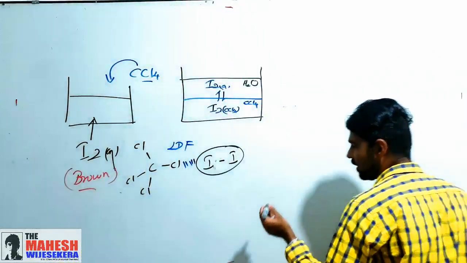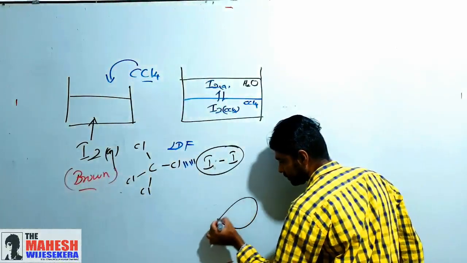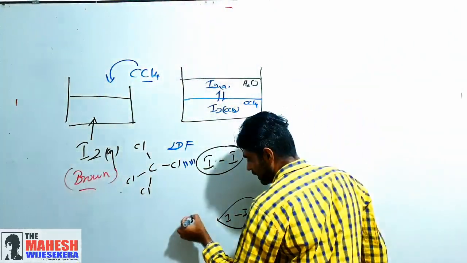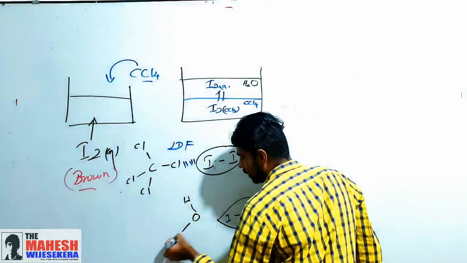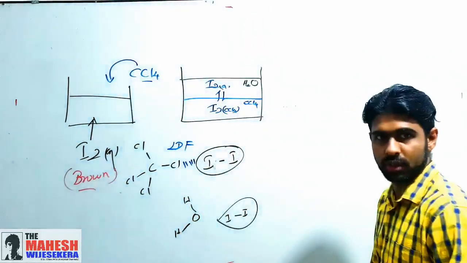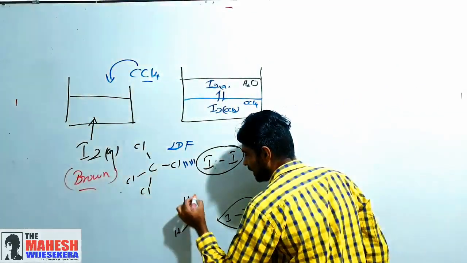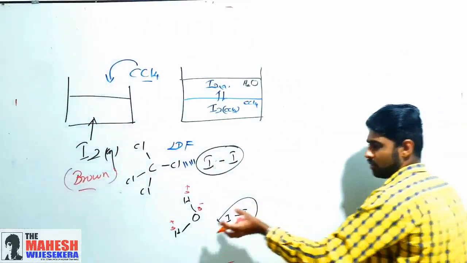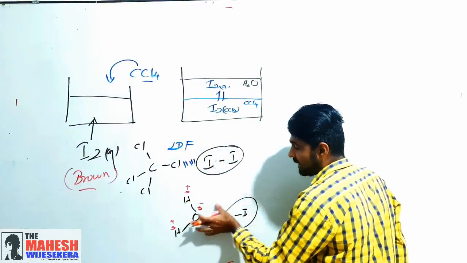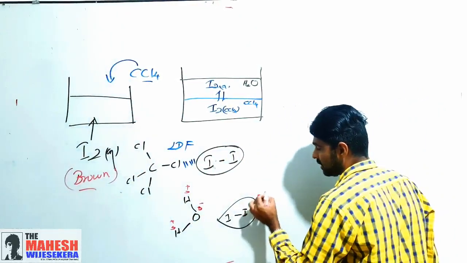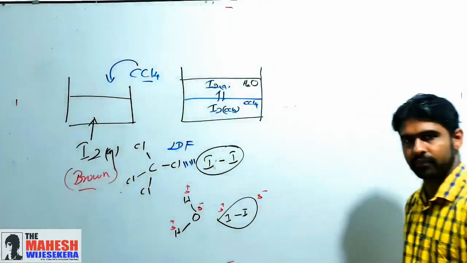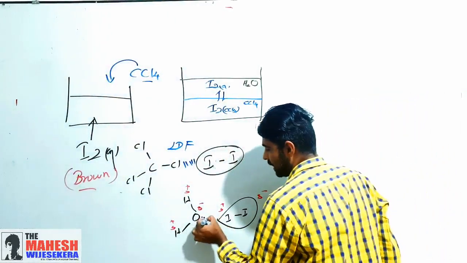And when you consider iodine and water, the water molecule is polar, so this is delta minus, these are delta plus. As a result, the electron cloud of iodine will repel towards the other side and it will convert into an induced dipole.